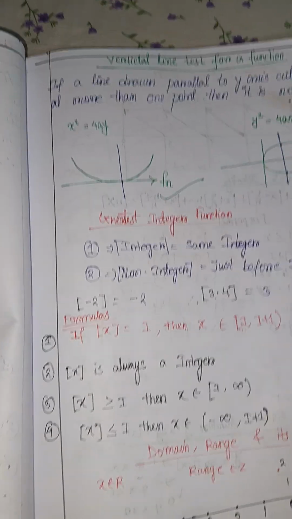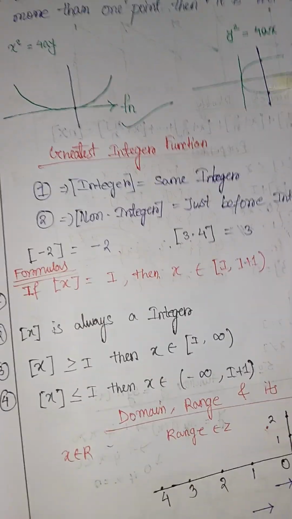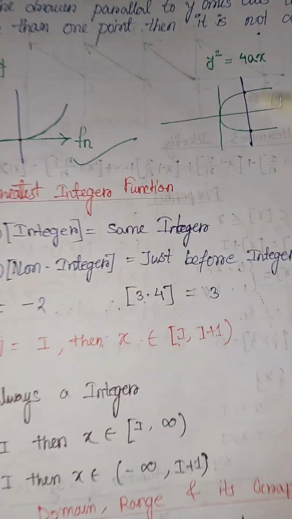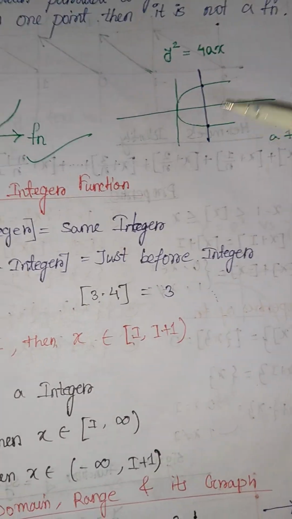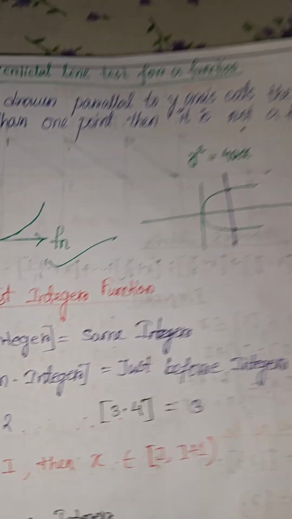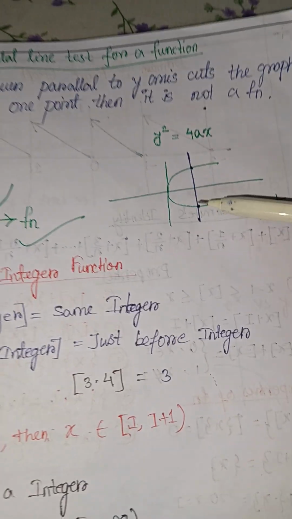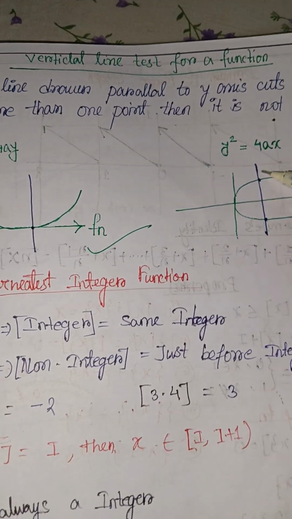That means we just cut the graph parallel to y axis. अगर पैरेलल टू वाई एक्सिस कट करूँगी, सो यहाँ पर क्या हो जा रहा है, मोर देन 1 पॉइंट अगर टच हो जाएगा ग्राफ में, सो दैट्स नॉट अ फंक्शन. सो इधर 2 पॉइंट्स में टच हो जा रहा है, सो दैट्स नॉट अ फंक्शन.